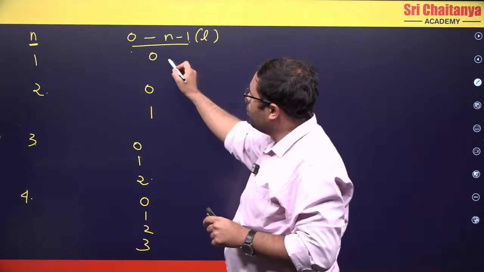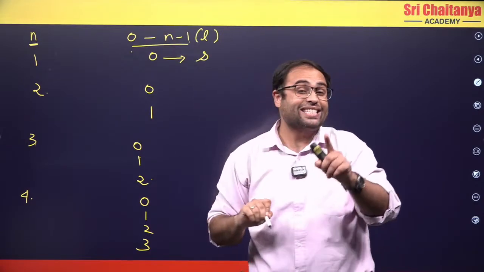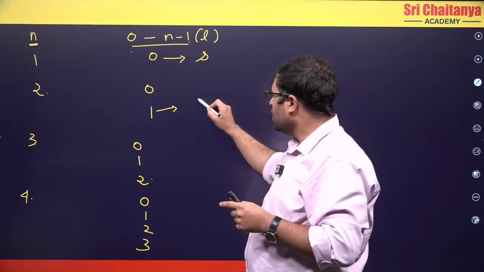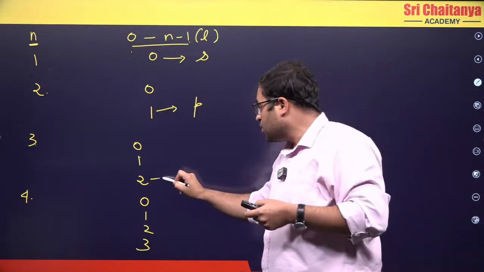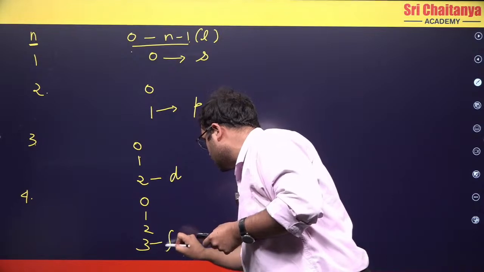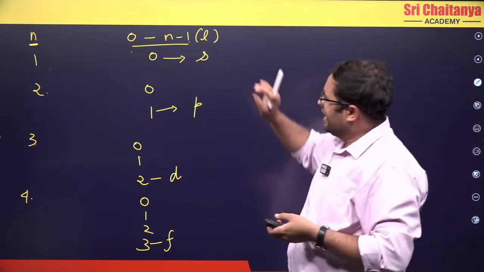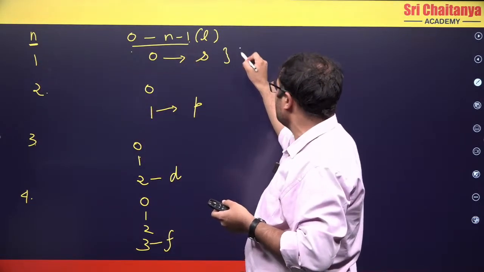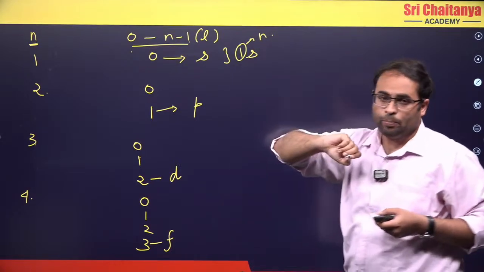Now, if the value of L is 0, then the subshell is called the small s subshell. If the value of L is 1, the subshell is called small p. If the value of L is 2, the subshell is called small d. And if the value of L is 3, it is called the f subshell. Okay. Now, one more representation. This s subshell is of n equals 1, so I can write this as 1s, where this represents the value of n.